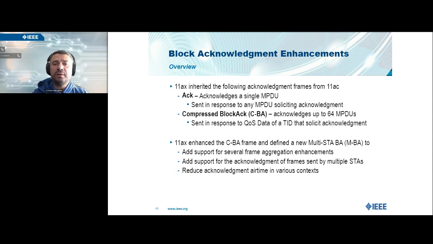This is for the uplink multi-user data exchange that we discussed earlier. And of course, based on the different received statuses of the different aggregation modes of the MPDUs of all the stations, you can also play with the frame formats to reduce the acknowledgement time in these different settings.